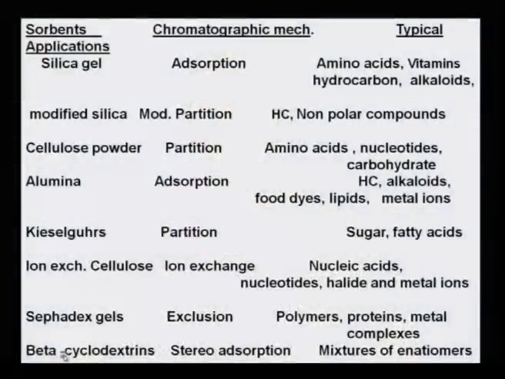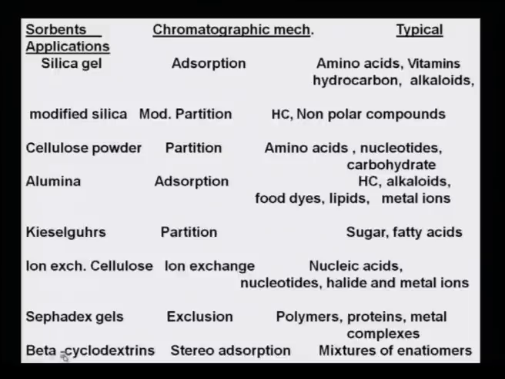Ion exchange cellulose. The mechanism is ion exchange, as the name suggests, and it is used for nucleic acids, nucleotides, halides, and metal ions. Sephadex gel undertakes the chromatographic mechanism by exclusion, and it is used specifically for polymers, proteins, metal complexes.